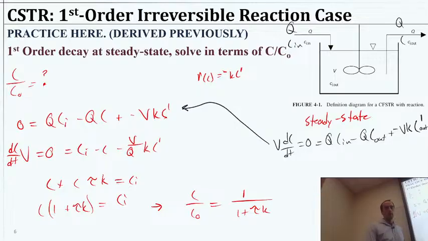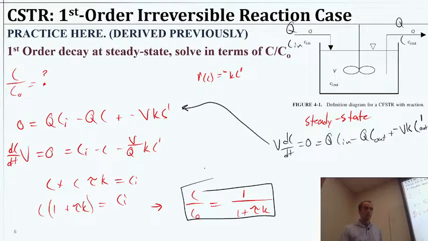I like to go ahead and divide everything by Q. That'll give us C in minus C out minus V over Q, which is tau, times K C. That becomes, we can put the C terms to one side and then factor out the C, and we get 1 plus tau K, equals C in, and so ultimately we derive this expression, C over C in is equal to 1 over 1 plus tau K. So we've seen that before, which is why I'm kind of breezing through it. You've done it, giving you a little practice with it.